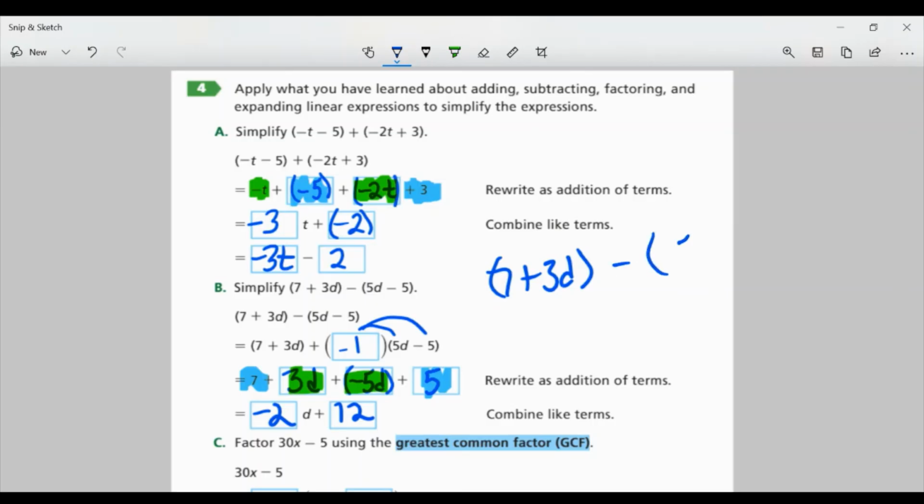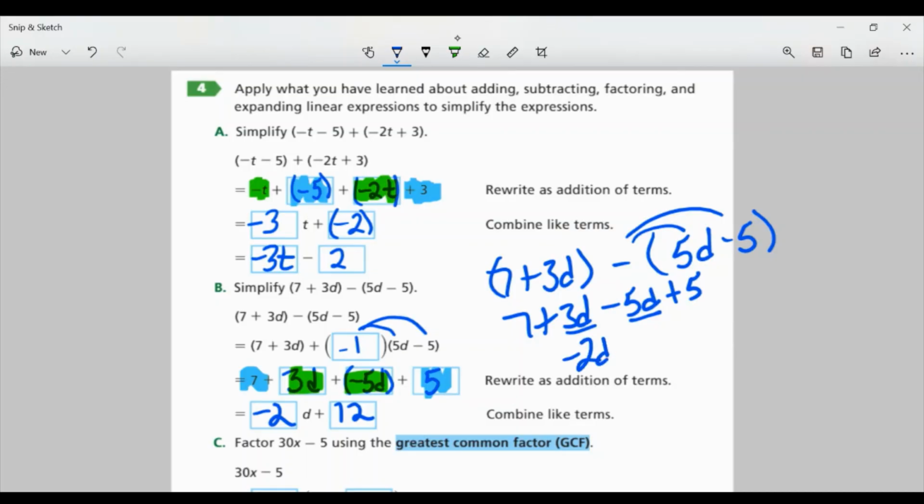We're going to go minus 5d minus 5. I can rewrite it without the parentheses. Again, I want to distribute, right? Negative times a positive would be negative. Negative times negative is positive. And then again, like I said, we just combine our like terms. Okay, so don't look too much into it. That's basically all we're doing when we're simplifying these expressions.